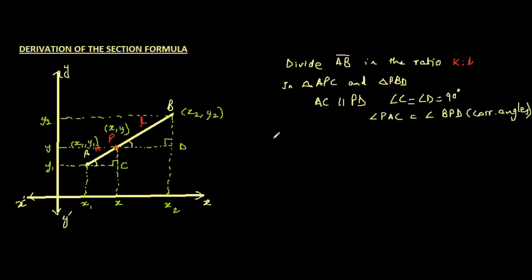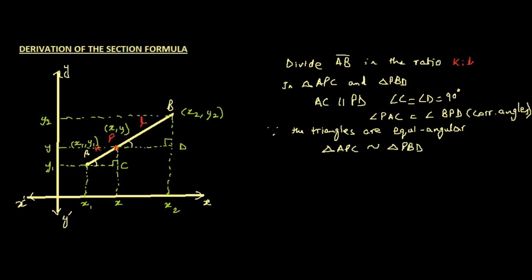We know that if two angles of a triangle are equal, then the third angle obviously has to be equal. So we can write that because the triangles are equiangular, meaning all three angles are the same, triangle APC is similar to triangle PBD.